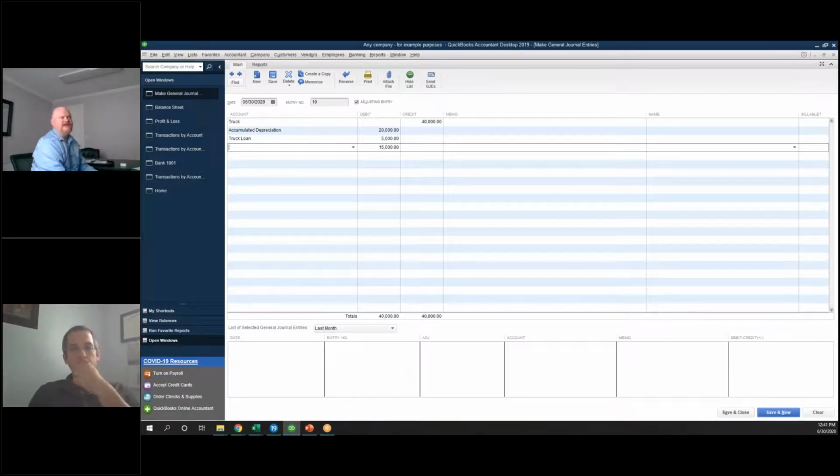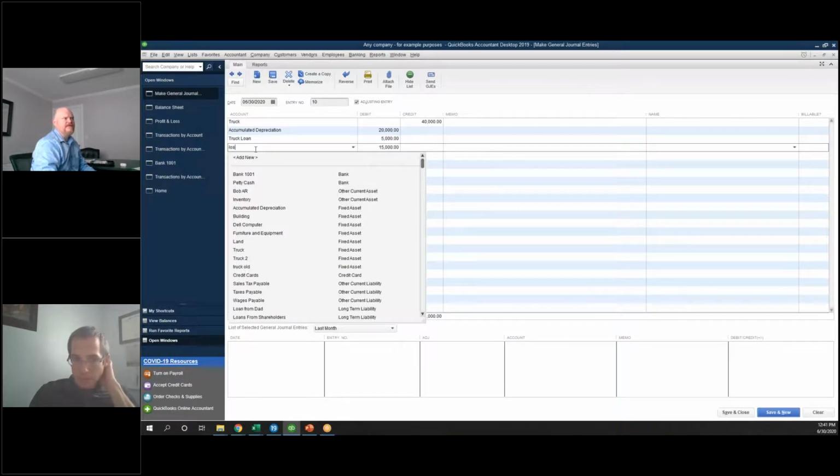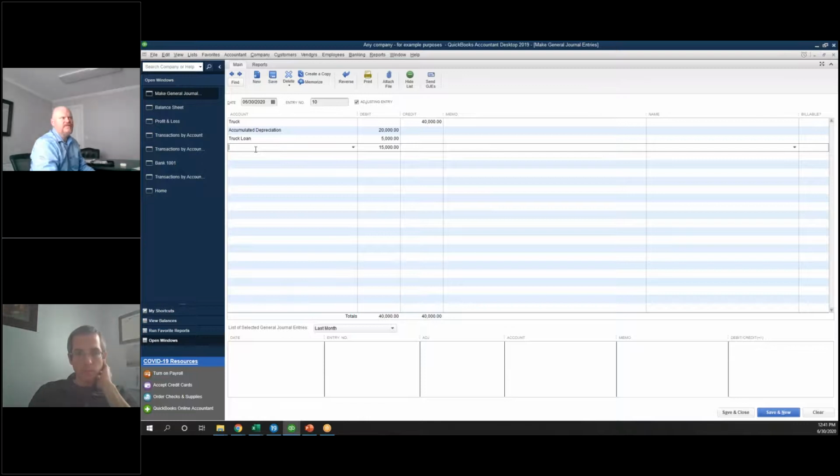It's essentially what that says. And this right here is my loss on the sale of this vehicle. Not that anybody would do this, but if it shows up as a debit balance, you lost money. You had book value of $20,000. You only got $5,000 for it. And so $15,000 is the loss on this truck.